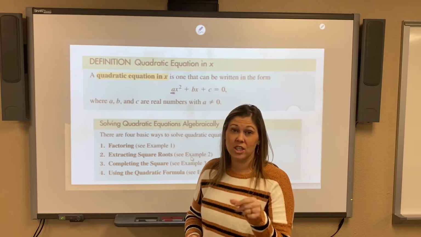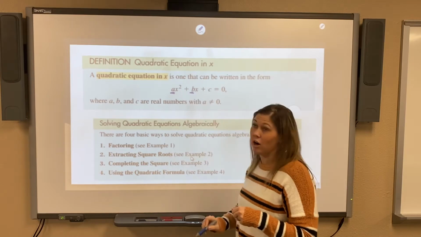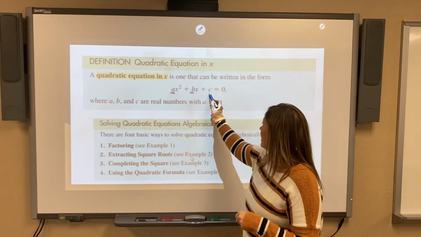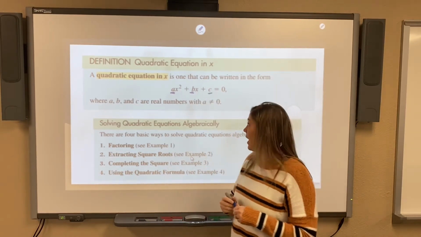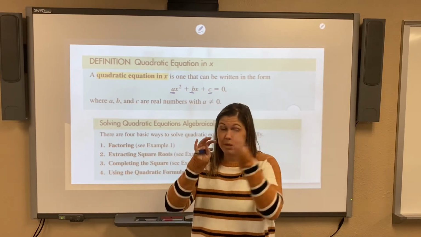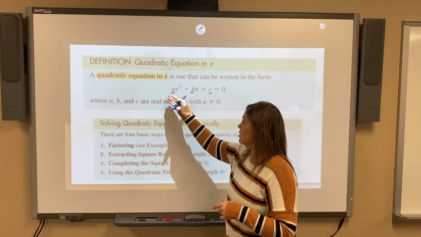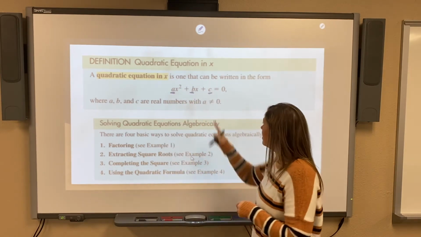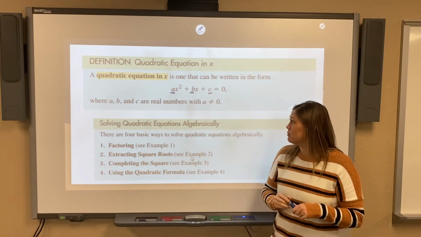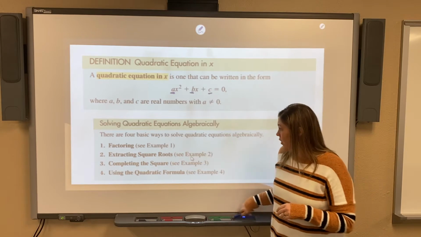Our b is the coefficient of our x term, and our c is the constant. Be able to identify them even if the equation isn't perfectly lined up like this.